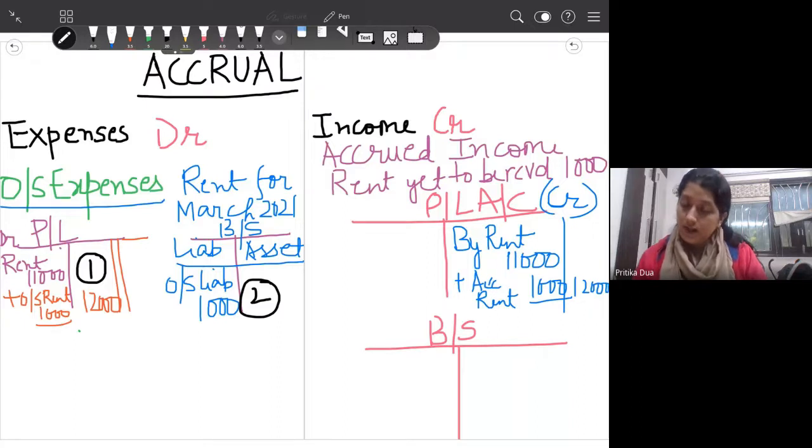So this is the first impact of this adjustment on the credit side of the P&L account. Let's move to the second impact.